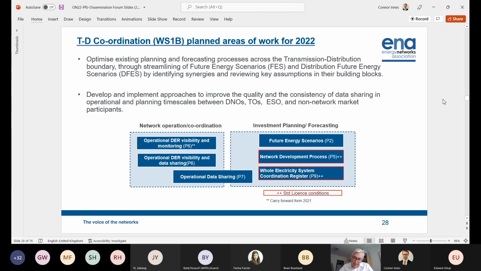So that's what this work stream is here for. It's to look at some of the technical data that we need to exchange and do that in a way that people can absorb that data in a useful way.